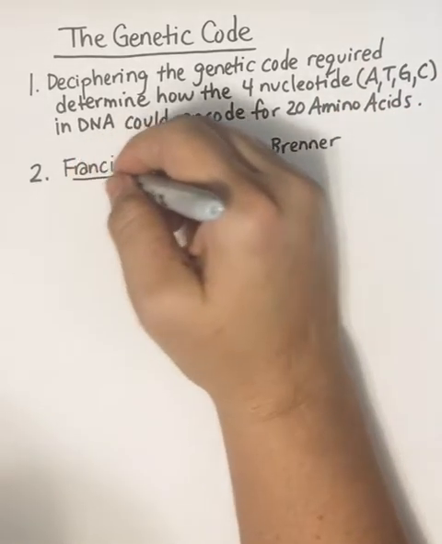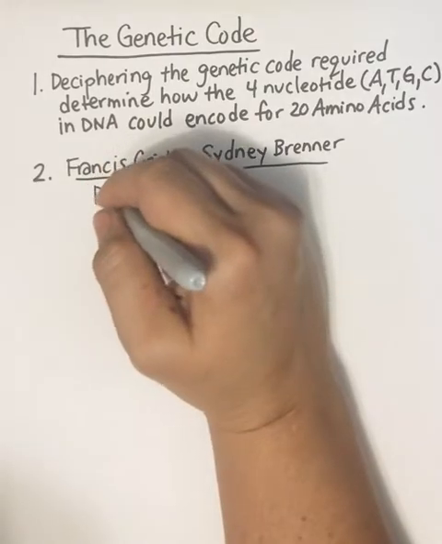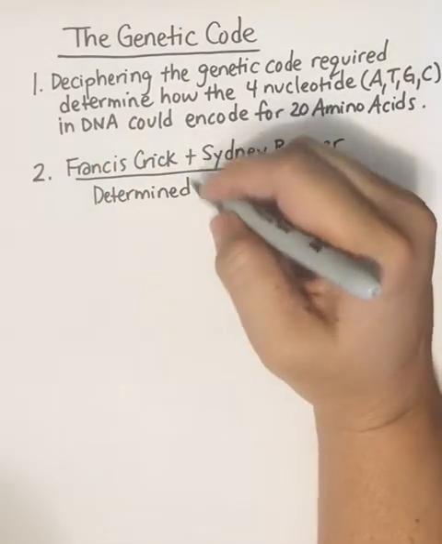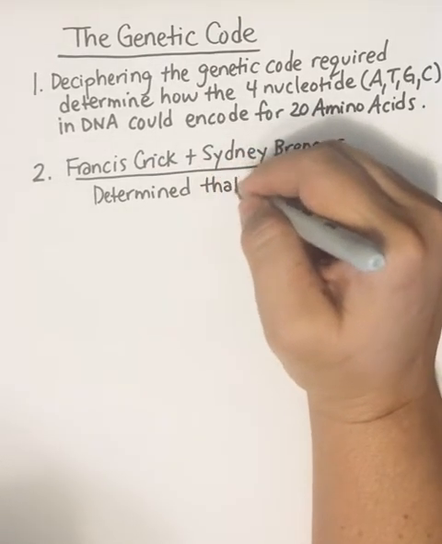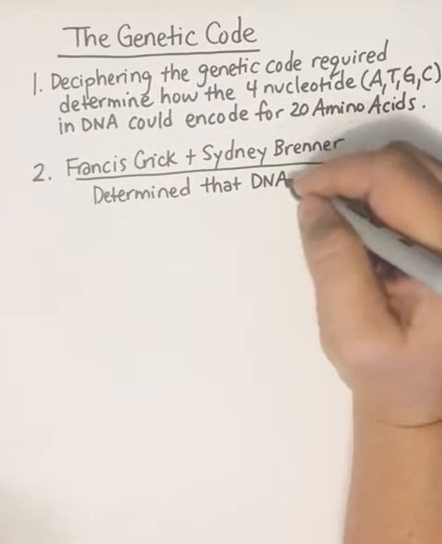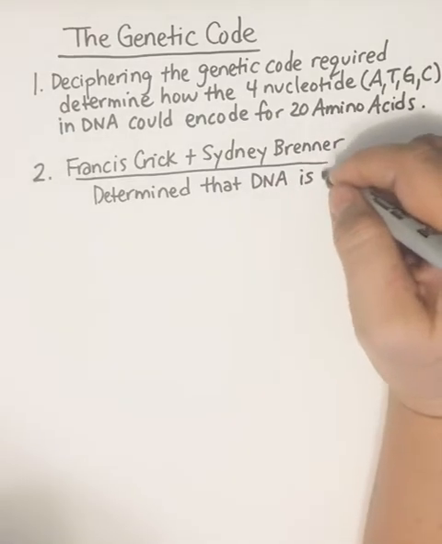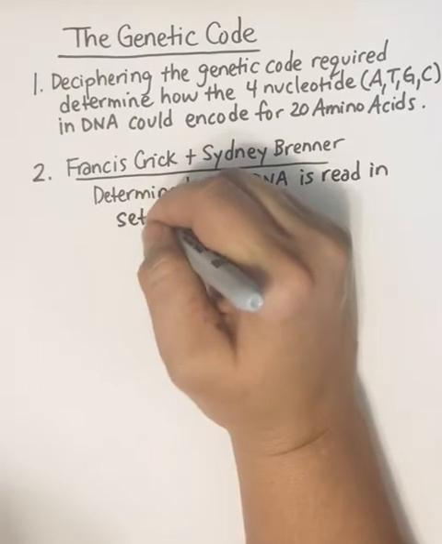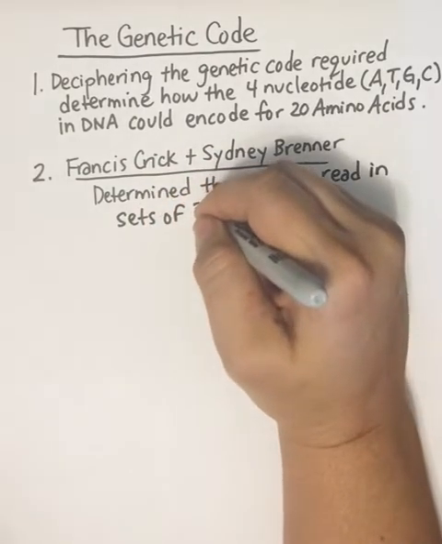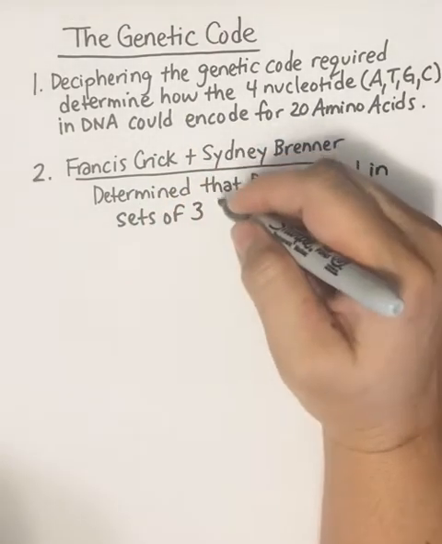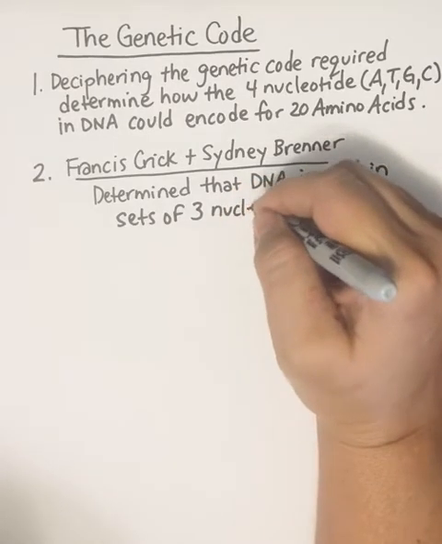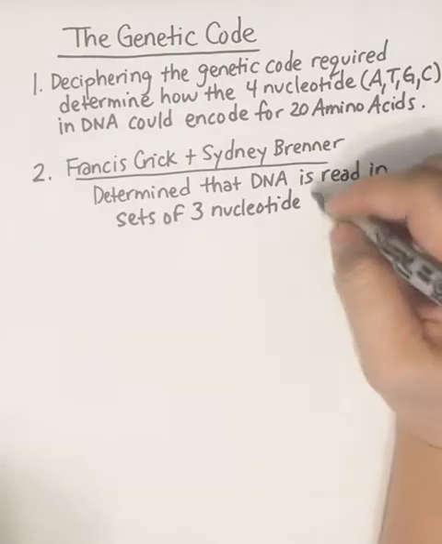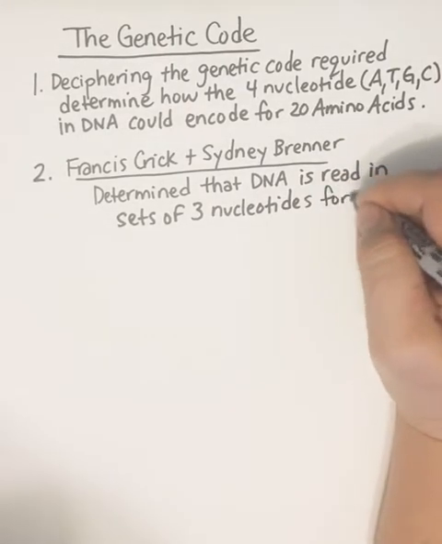So these guys determined that DNA is read in sets of 3, in sets of 3 nucleotides for each amino acid.